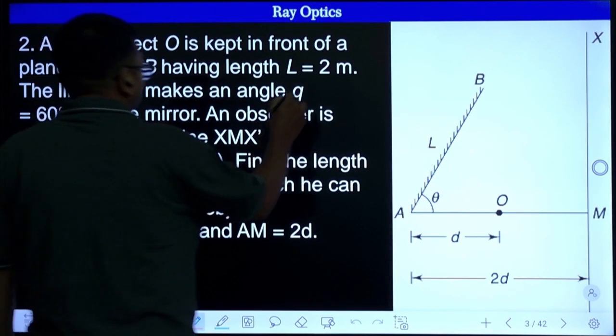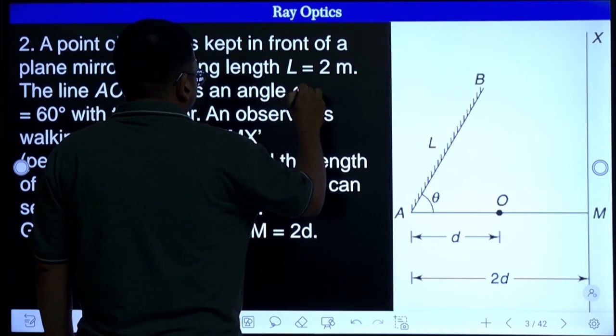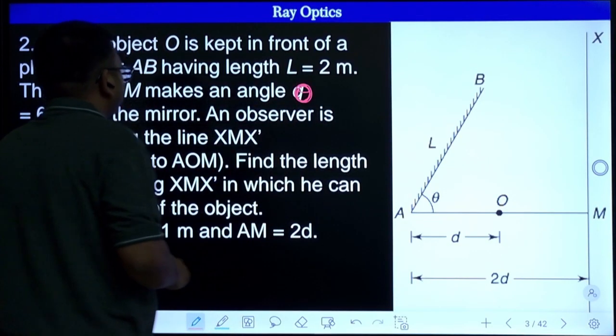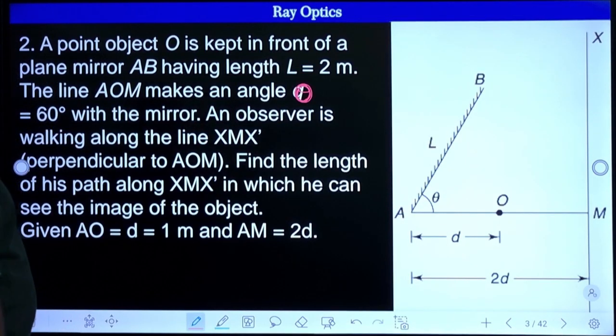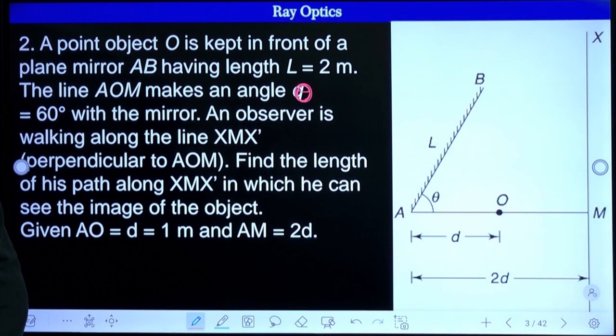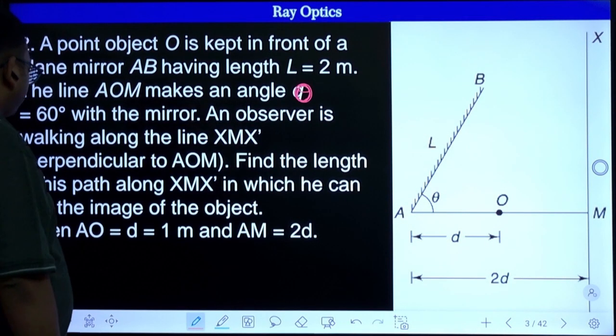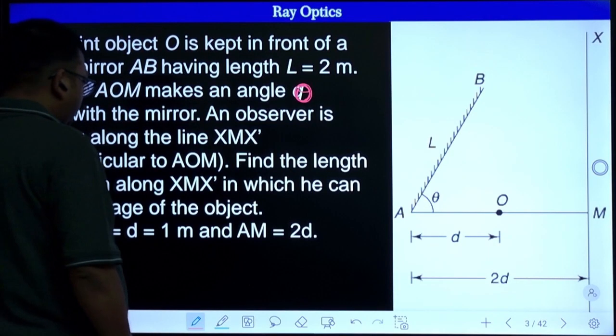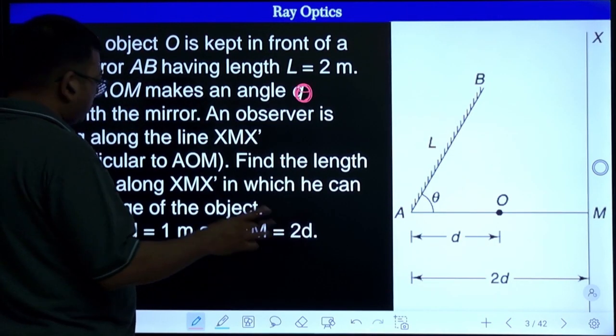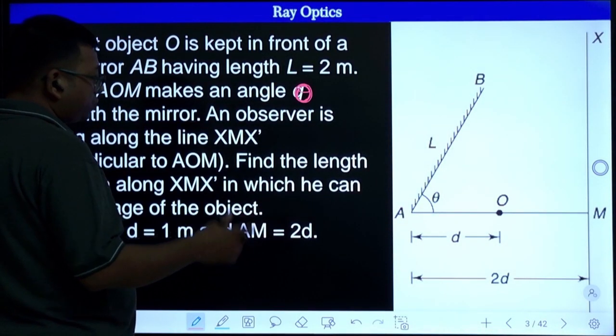This angle is theta, given as 60 degrees. The observer is walking along the line perpendicular to it. Find the length of his path along the XM axis in which he can see the image of the object. Given AO is equal to D is equal to 1 meter.